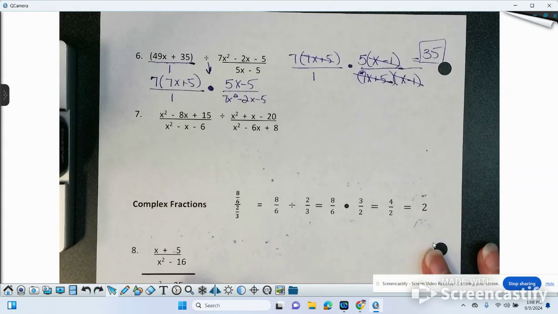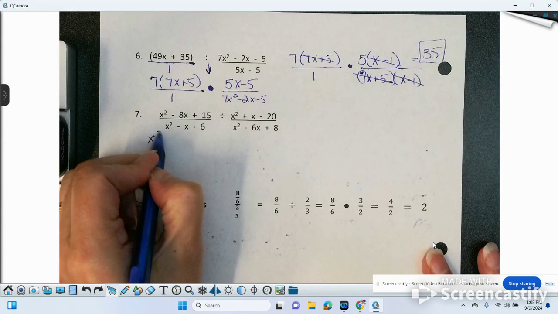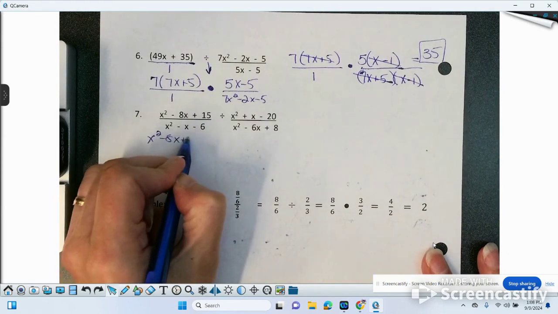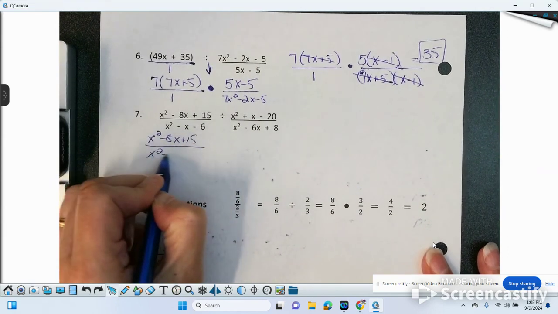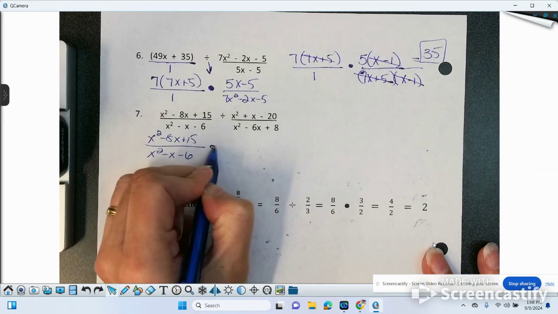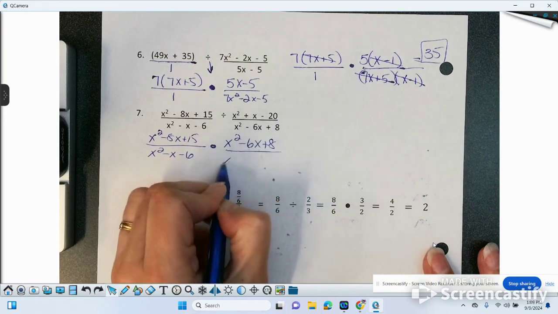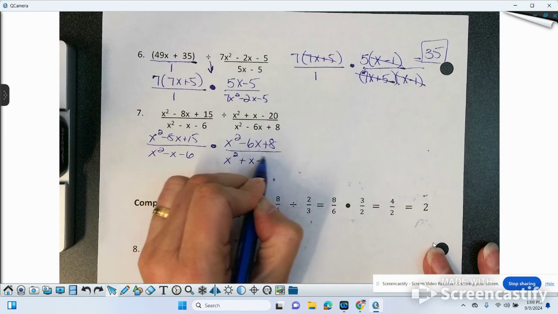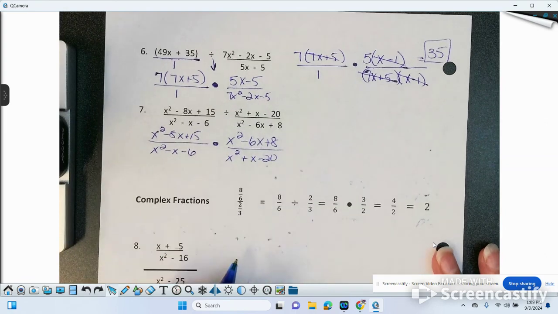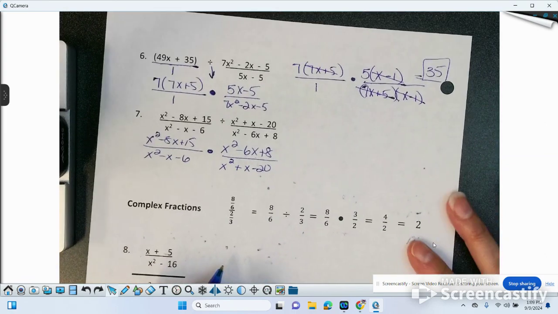All right, so x squared minus 8x plus 15, x squared minus x minus 6, change it to multiplication, flip it over. It's reciprocal, so top goes to the bottom, bottom goes to the top. And then we're going to factor all of those.